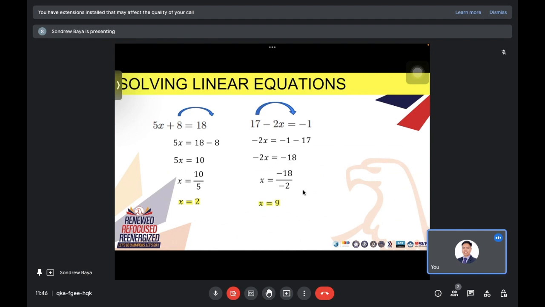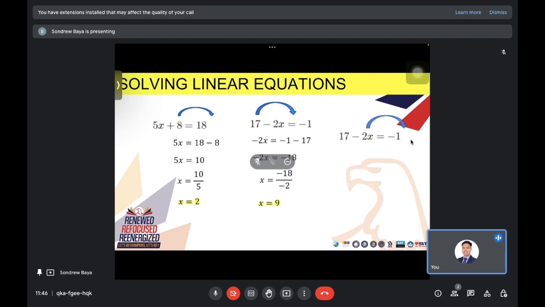But there is another smart way of solving the second one. If you wish not to encounter negatives later on when you divide, because here we are encountering negatives, you can actually plan ahead and make this positive. So how do we make this positive? Instead of transferring 17 to the other side, we could actually transfer negative 2x to the other side so that it becomes positive 2x.